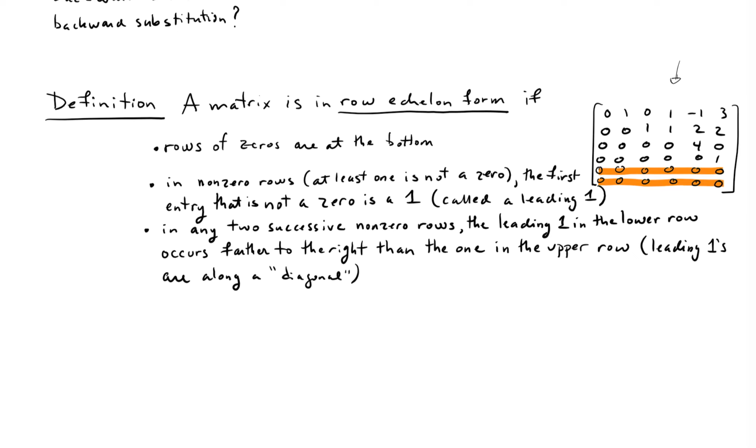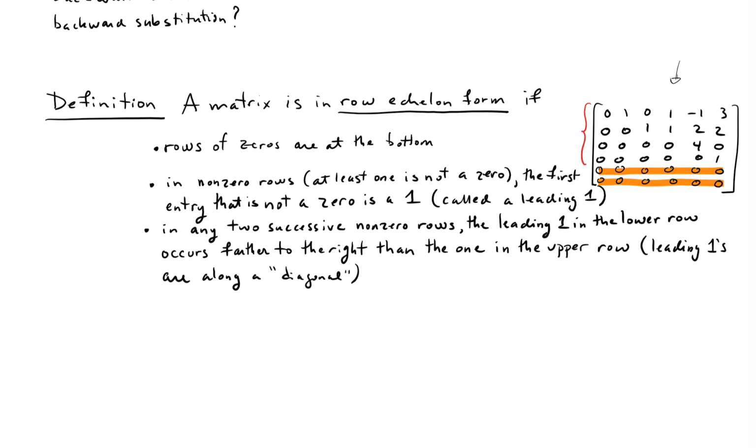Property number two, in a non-zero row, the first entry that is not a zero is a 1. So the non-zero rows are the first 4, because there's a non-zero entry in there. So what entry is non-zero in the first row? It's this one. What entry is the first non-zero in the second row?